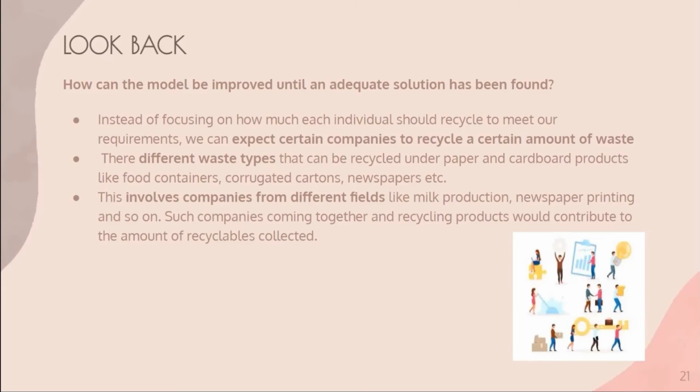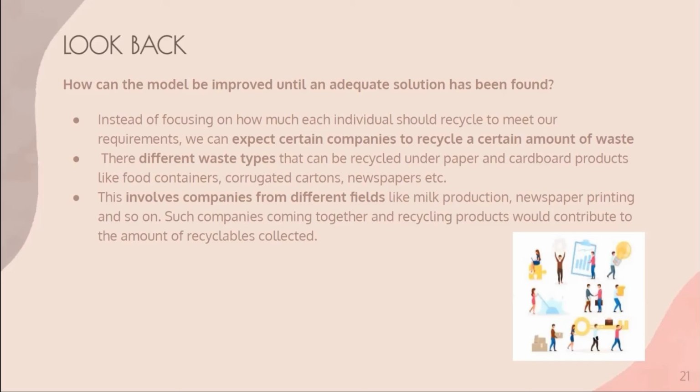Next. So how can the model be improved until an adequate solution has been found? Instead of focusing on each individual and how much each individual should recycle to meet our requirements, we can expect certain companies to recycle a certain amount of waste.